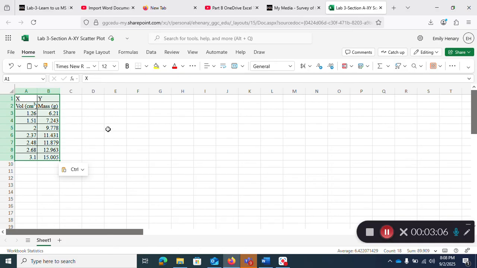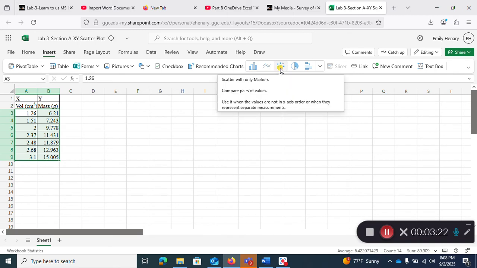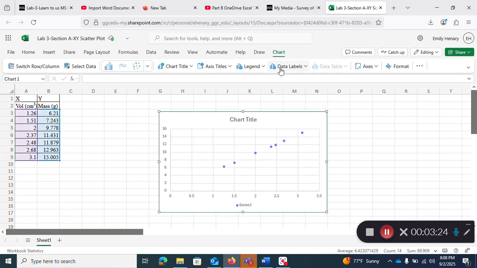So let's go ahead and highlight these data, only the numbers, and then go to the Insert tab on the ribbon here and look for charts and select the scatter plot, which are the scattered points here. You should now see your data points plotted with volume representing the x-axis and the mass representing the y-axis.